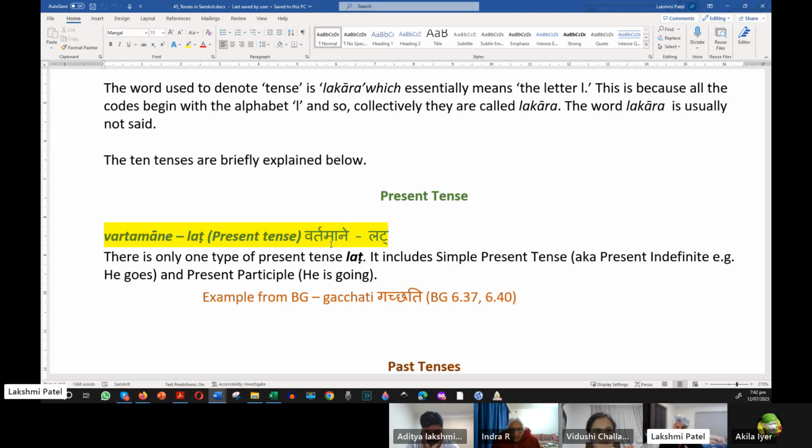I am eating. He is going. Sa gachati. Te gachanti. Aham khadami. Tvam khadasi. All this is lat lakar. So what we have learnt as present tense is actually lat. Okay. That one is simple.